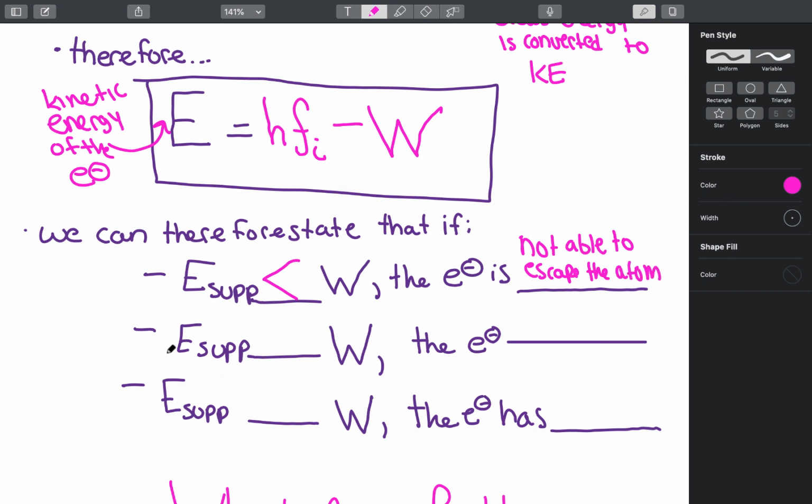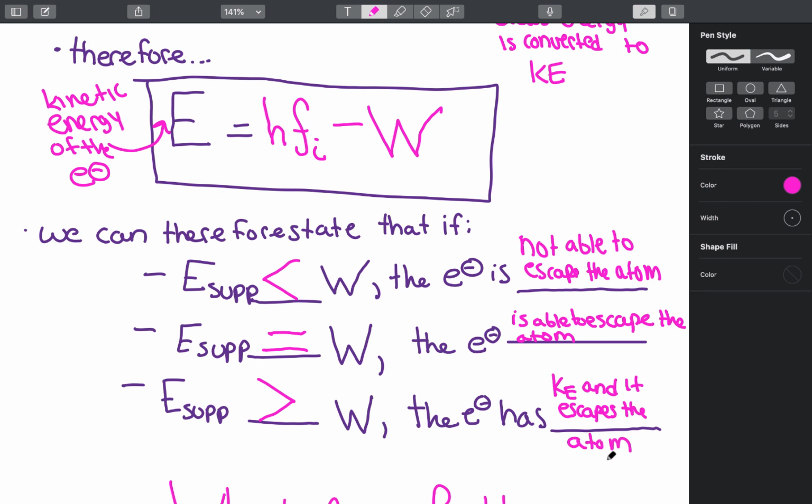However, if the energy supplied by the light is equal to the work function, then the electron is able to escape the atom. And if the energy supplied is greater than the work function, then the electron has kinetic energy and it escapes the atom.